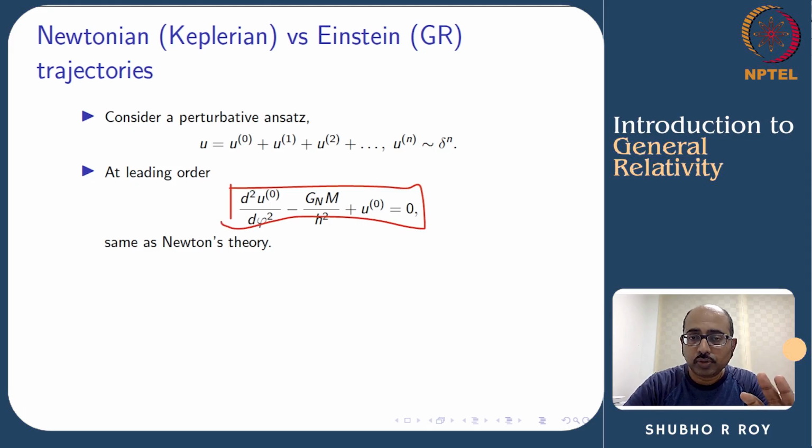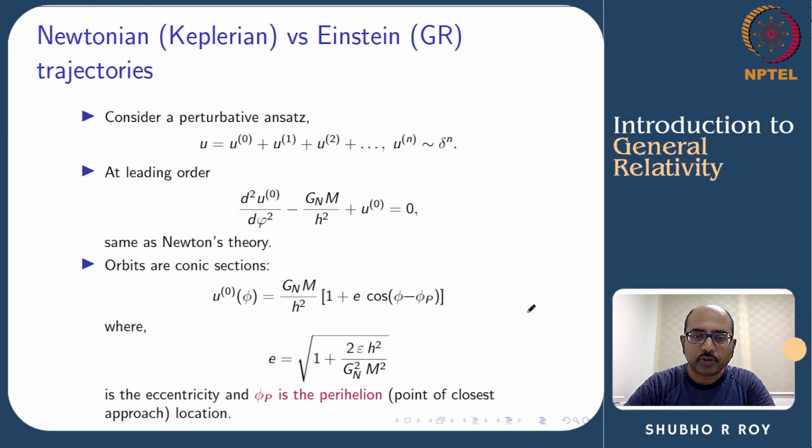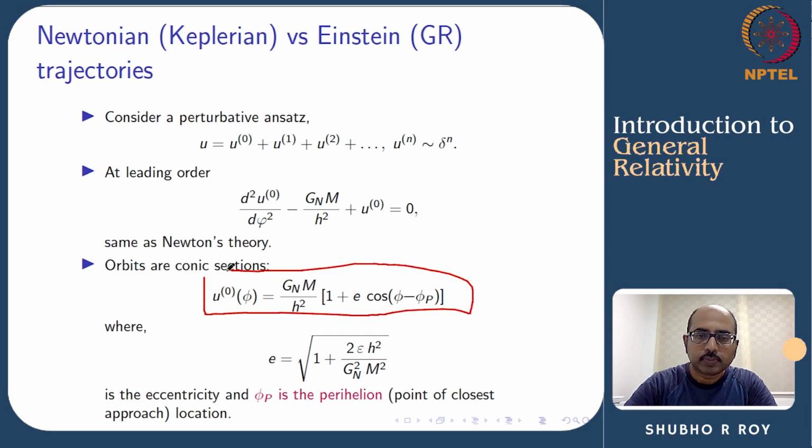And the solution to this is known from your undergrad classes. You can recognize this will give you conic sections. So the orbits are conic sections, in the box, as you can see. This is the second order equation, so there will be two constants of integration.